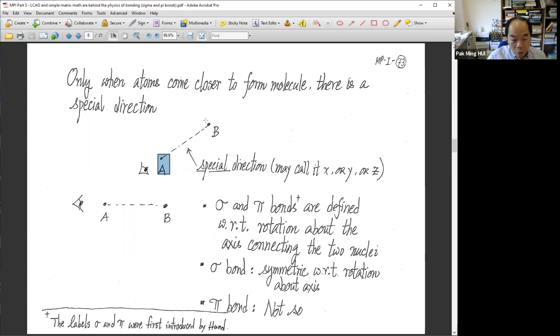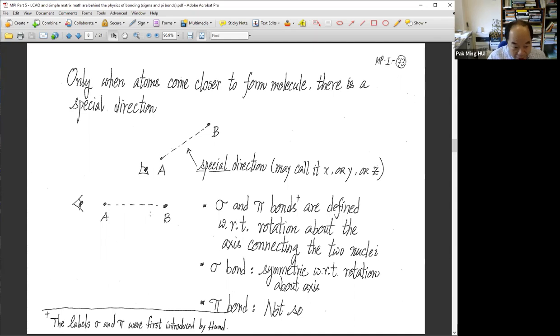However, when there is another atom around, thinking about forming a bond or not, then naturally there will be one direction that is special. That is the direction joining the two atoms, or the nuclei of the two atoms. Okay, once you have a special direction, then we can call it X or Y or Z, but it is a special direction.